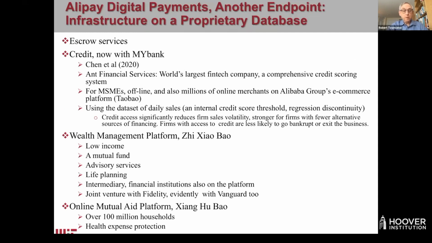Another endpoint is represented by Alipay, digital payments on a proprietary database. So, you know, Alipay started with escrow services. Money is not released until payment is received, the goods are received.